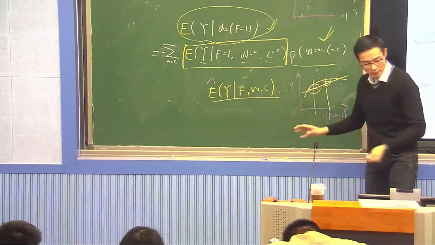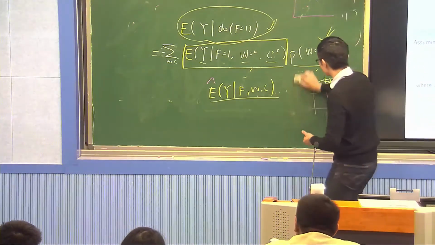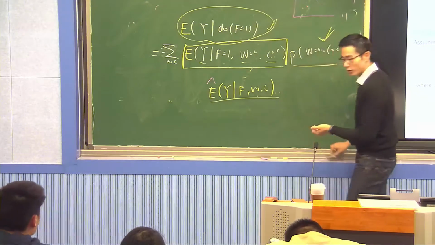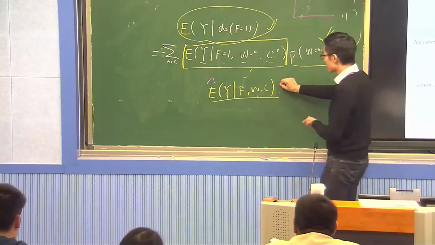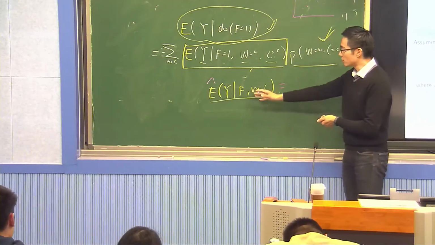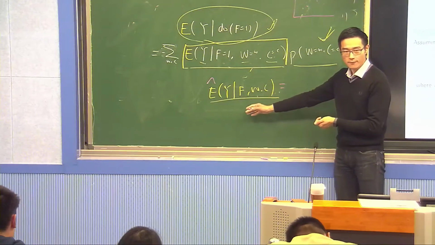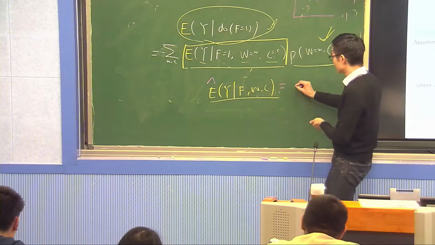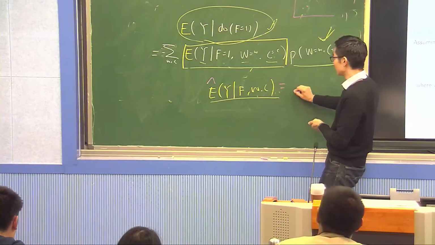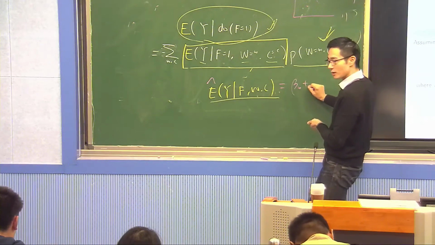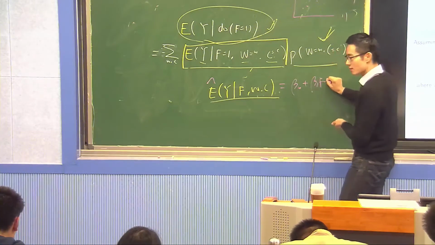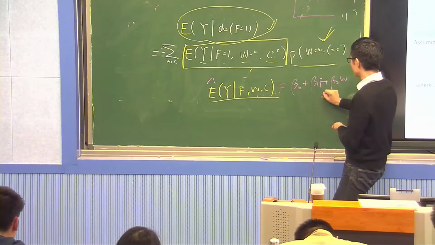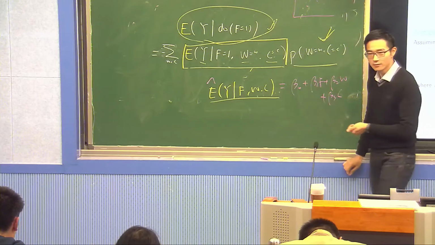The simplest thing to do in traditional econometrics, what is the statistical model people use in a standard econometric textbook? They say this is equal to what? Equal to beta 0 plus beta 1 F plus beta 2 W plus beta 3 C, right?